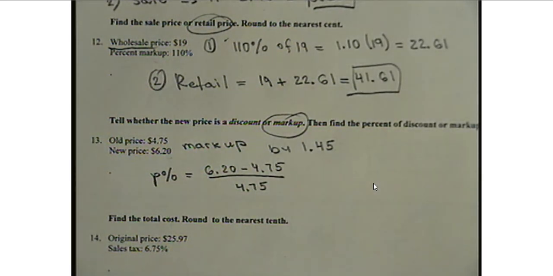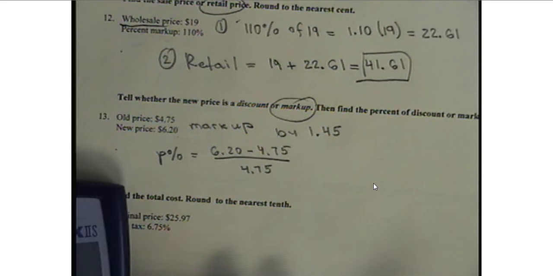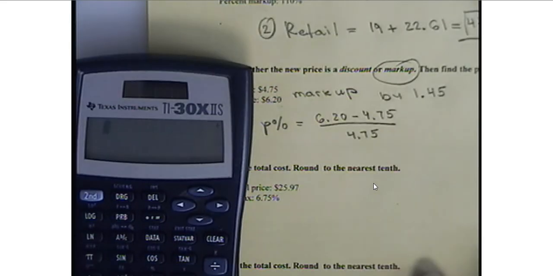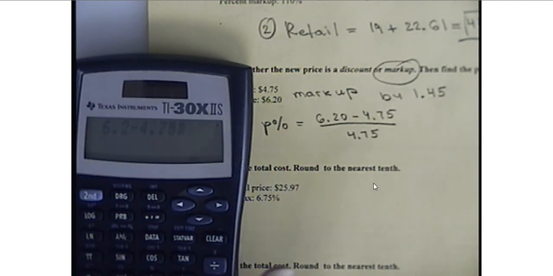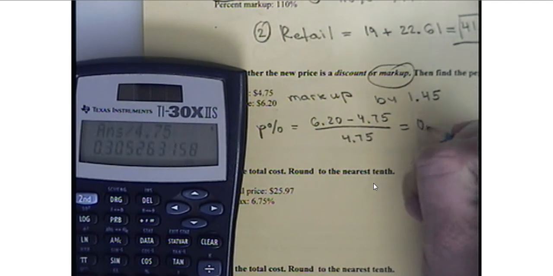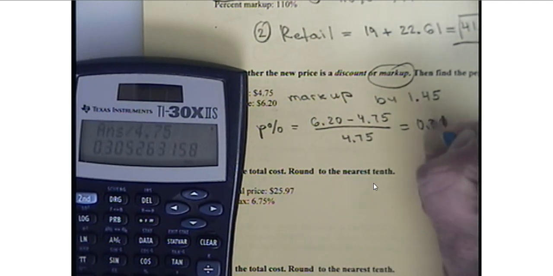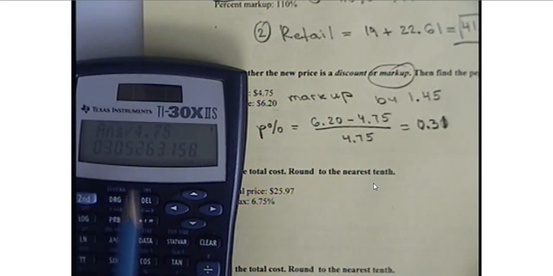And for this one, quickly, I'm going to use my calculator. I don't have the solution in my mind right now. 6.20 minus 4.75 is equal to 1.45. Then I will divide by 4.75, and this will give me 0.31 if we round it to the nearest hundredth.